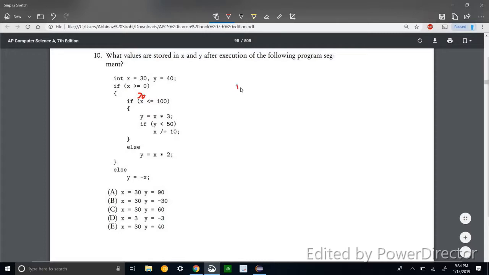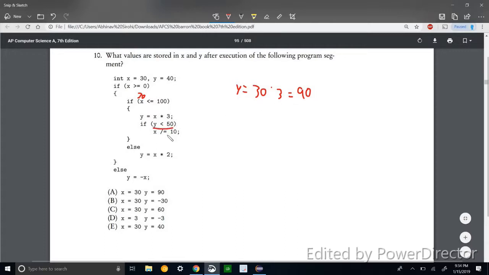So Y now becomes the X value 30 times 3. So Y is now 90. And so it doesn't go into the next if statement because 90 is not less than 50.